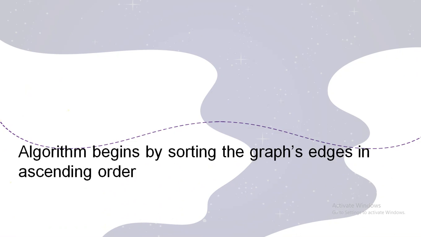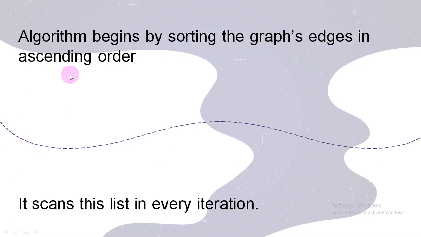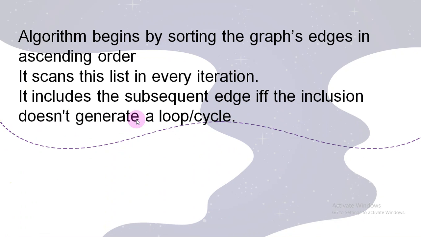Anyway, the algorithm begins by sorting the graph edges in ascending order. Then it scans this list in every iteration. It chooses the minimum weight edge and includes it into the set of edges that covers a minimum spanning tree, if and only if the inclusion doesn't generate a loop or a cycle.